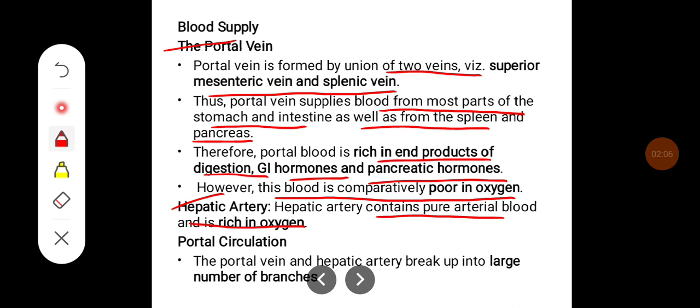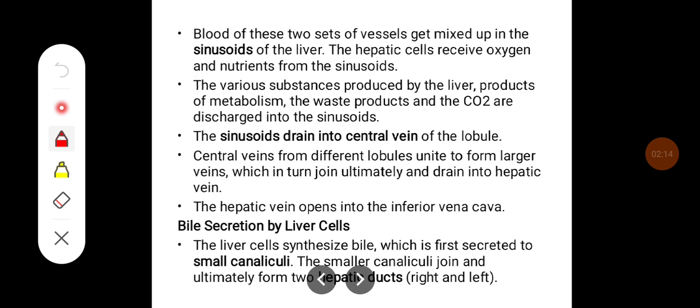In portal circulation, the portal vein and hepatic artery break into large number of branches. The blood of these two sets of vessels, that is the blood of the portal vein and the hepatic artery, get mixed up in the sinusoids of liver. The hepatic cells receive oxygen and nutrients from sinusoids.